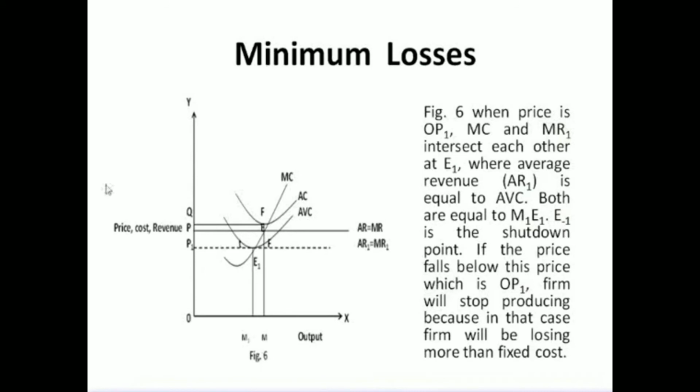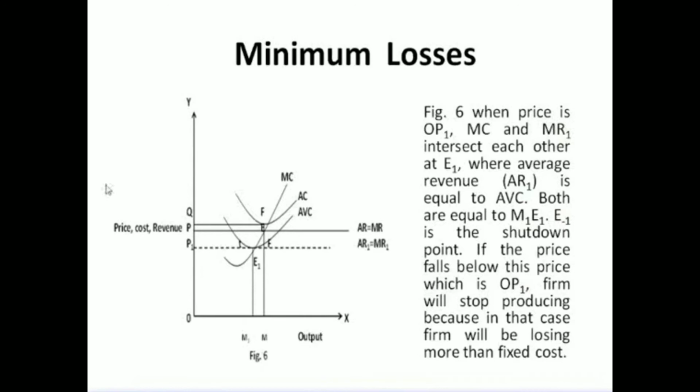So another case is minimum losses. A firm can also incur loss in the short run equilibrium. We know that a firm has fixed cost and variable cost in the short run. A firm can incur losses up to the fixed cost and still survive in the industry. Why?